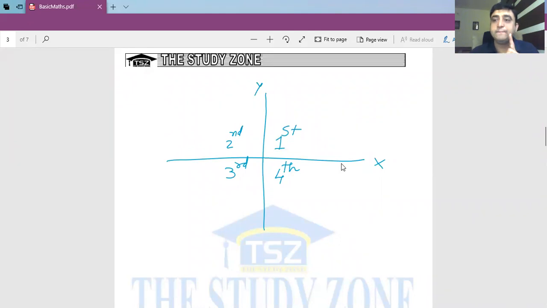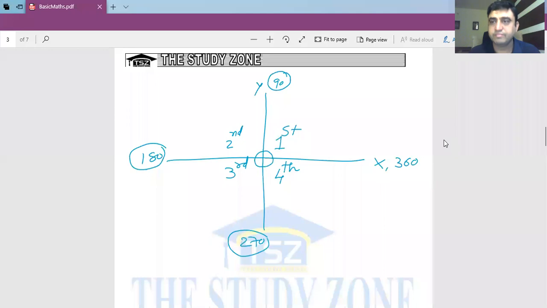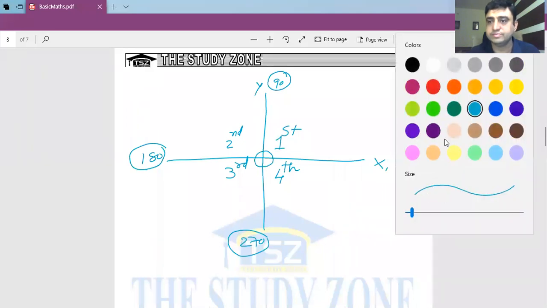So if we start measuring angle with the x-axis, then this angle will be 90. This angle will be 180. This angle will be 270. And when we finish one complete circle, we'll reach back to x, that is 360 degree. Very much obvious.